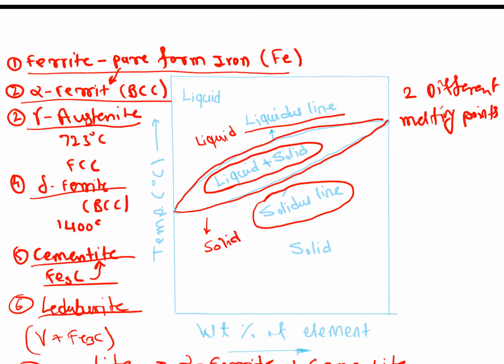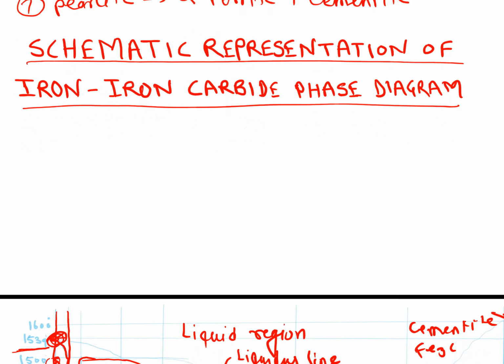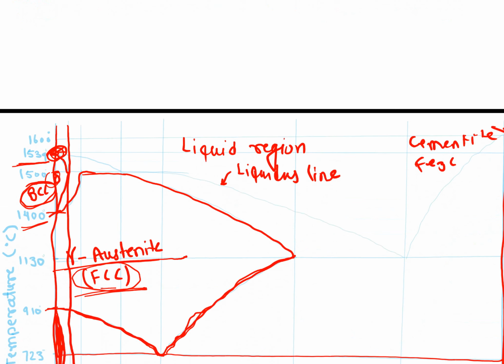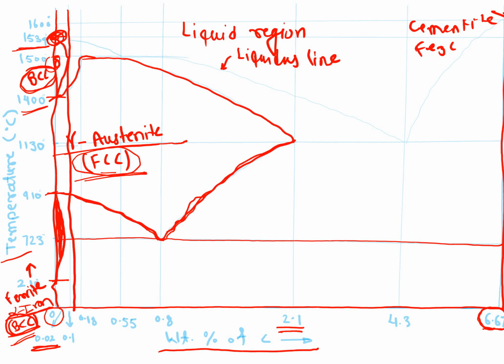Now, as you are familiar with these names, I am going to name the regions in our iron-carbide phase diagram. First, we will start from delta iron, this region. This side liquid is there, this side delta is there.